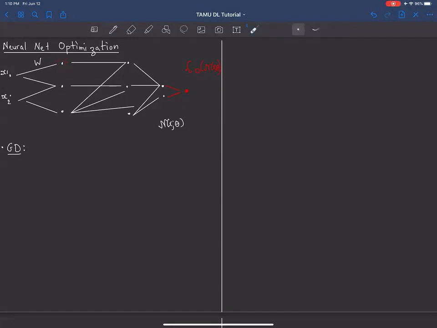Gradient descent, as we teach our students in calculus, looks like this: the update to W is minus a learning rate lambda times the derivative of the loss function with respect to W. You go in the negative gradient direction. This scalar is what people call the learning rate or the step size; in the neural network world, they usually call it the learning rate. Fine, this is how we do it.